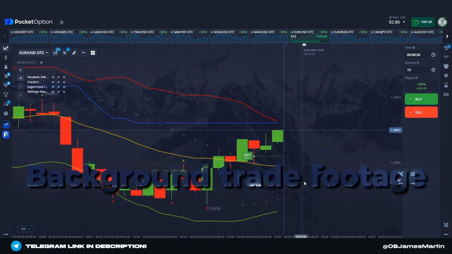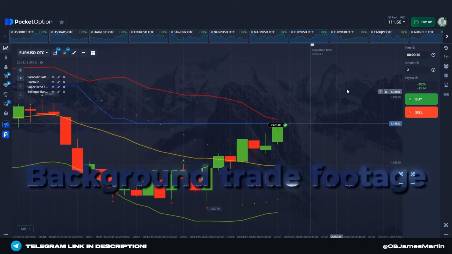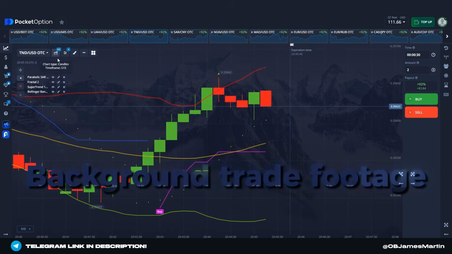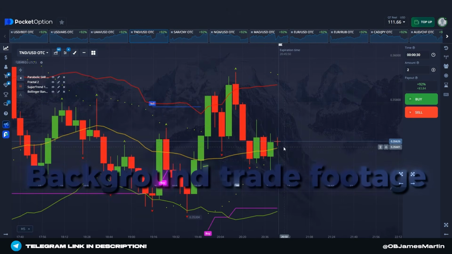How to enter the trade, buying options. Now let's talk about execution. After identifying hidden bullish divergence, wait for the pullback, the reverse correction, to finish. Look for a bullish confirmation candle. Enter a call option in the direction of the trend.